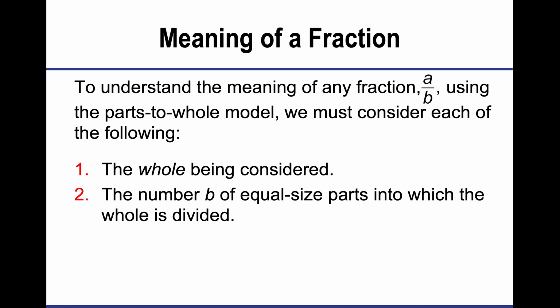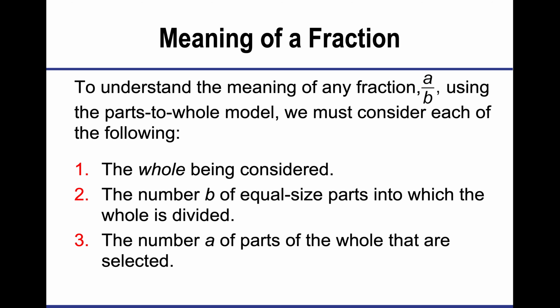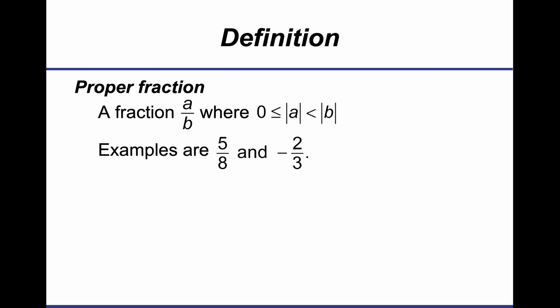The number b in the fraction, the denominator, is the equal sized parts that we divided this whole thing into. And then a is going to be the number of those parts that are selected. So if I have 2 slices of pizza out of 8, 2 is going to be the number that was selected. 8 is going to be the equal size slices that I sliced the pizza in, and the whole is going to be the pizza.